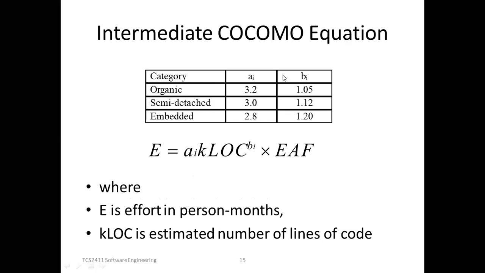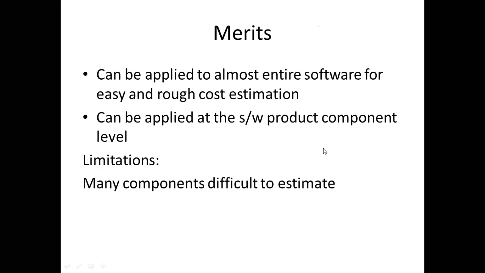For calculating in the case of intermediate COCOMO, the equation is like this. You already know the lines of code, and there will be another factor called the effort adjustment factor. This is the old basic COCOMO for calculating E. E stands for effort, and this is the effort adjustment factor. The merits here are that this can be applied to almost the entire software for easy and rough cost estimation, and it can be applied at the software product component level.